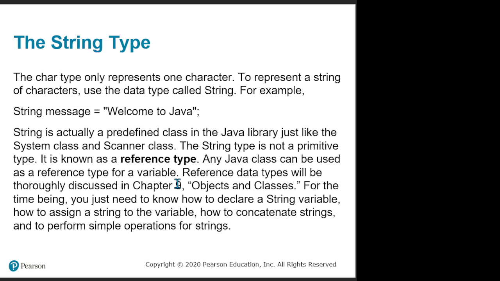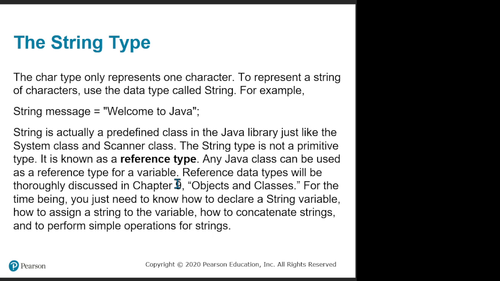It is a class library inside of Java, just like Scanner and just like the math classes. But this creates a whole object, which is a reference type. We can use a reference type for a variable, and then they come with a whole bunch of methods that we're going to use.